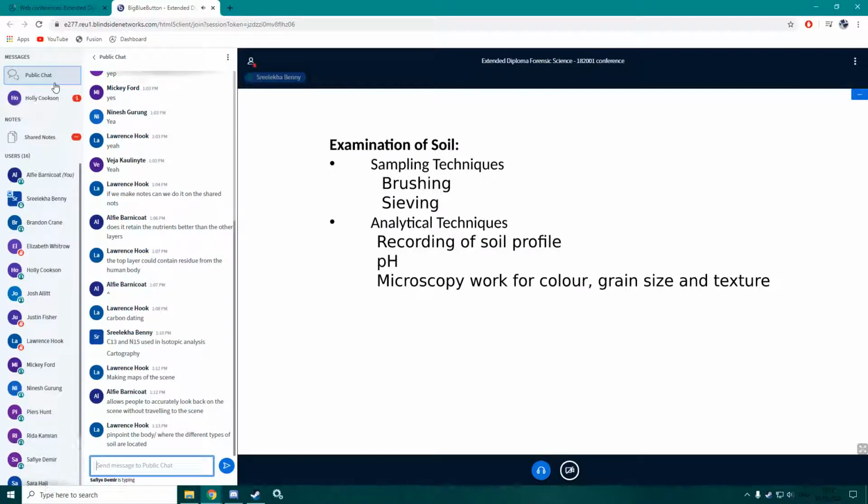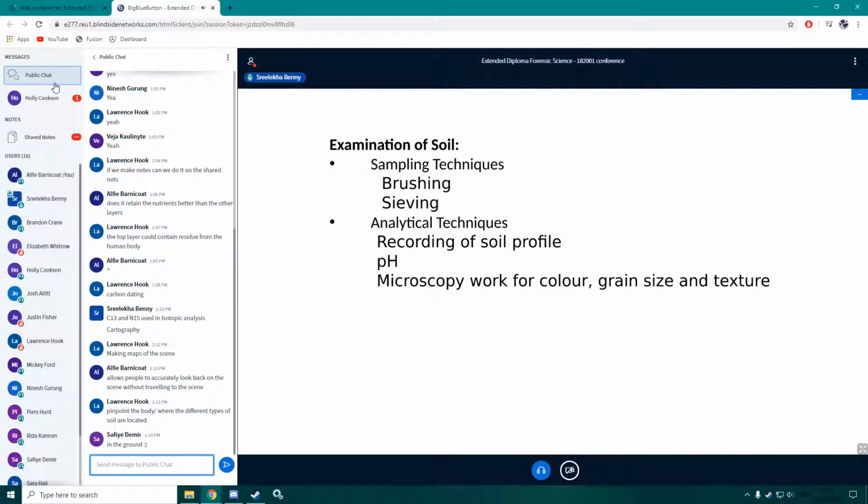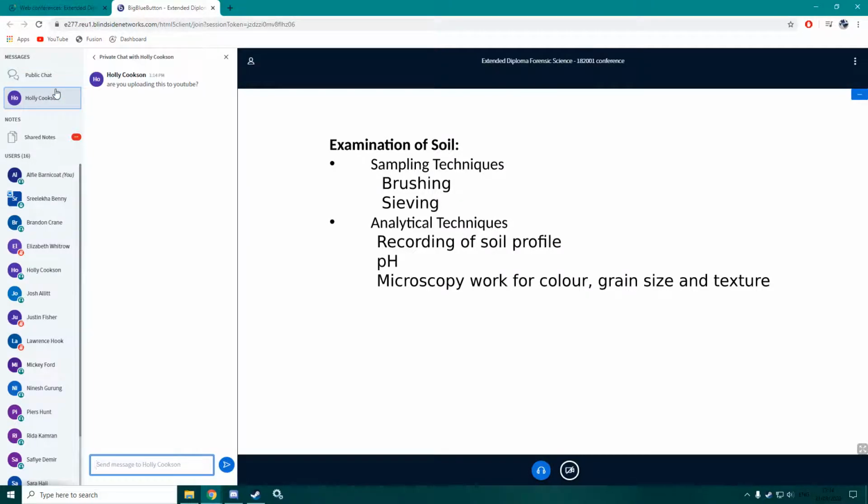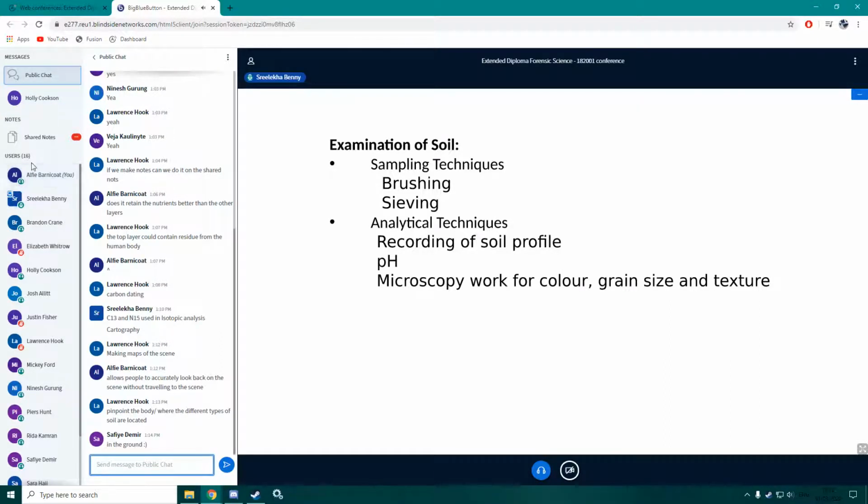Which soil is important? Yes, soil is found in the ground, but what is the relation with the victim or the suspect or the scene? Where do you find the soil? Which soil is important?